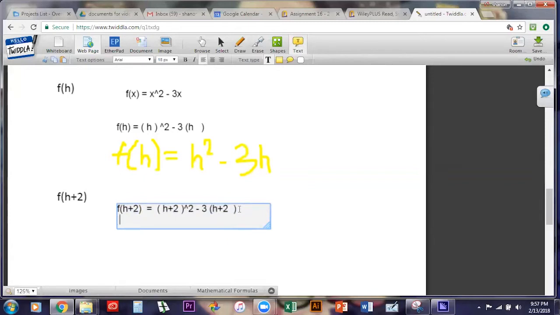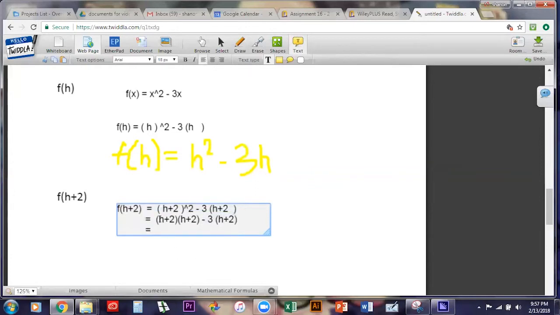This problem becomes much more difficult than when we had a single number because of the squaring. That means there's 2 of these h plus 2 chunks being multiplied together, minus 3 times this other h plus 2 chunk, if you will.